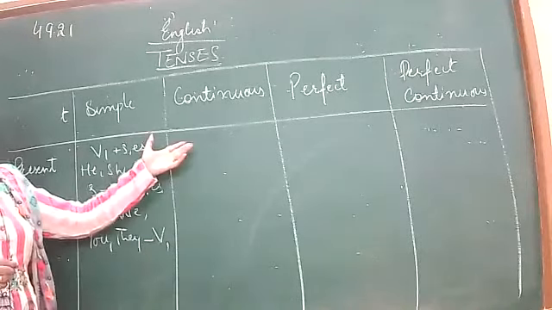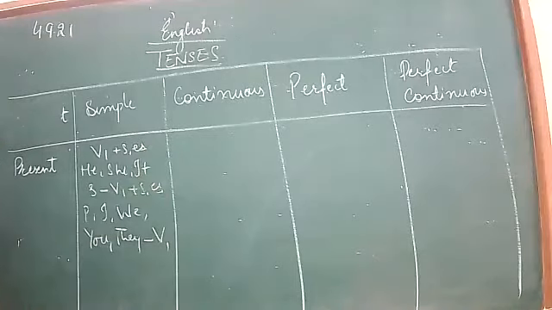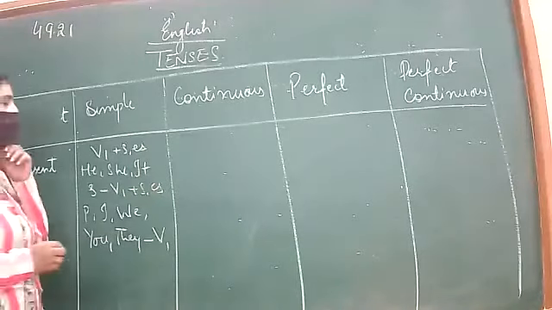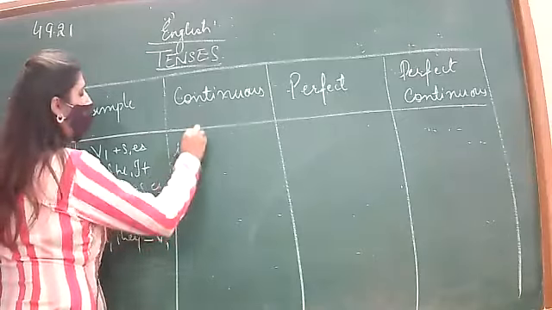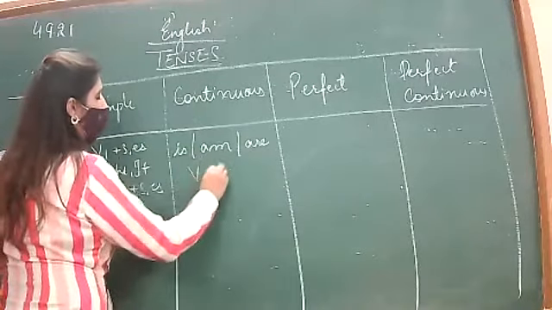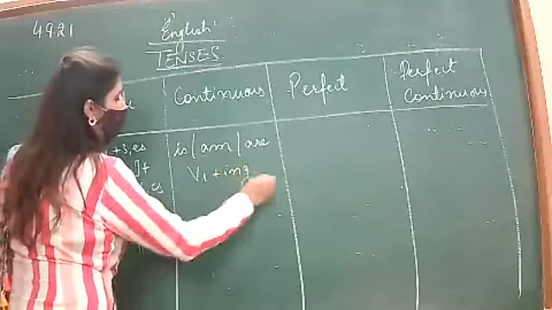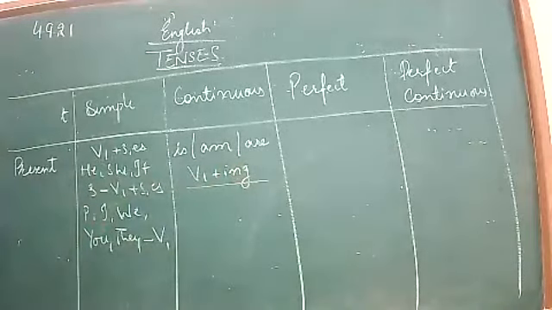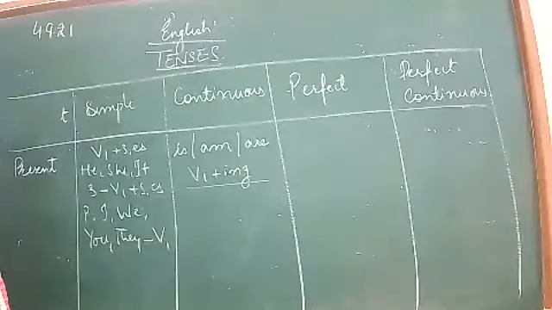Then we use present continuous tense. Here we use is, am, are, and the first form of the verb plus ing. For example, he is writing in the notebook. The students are running in the park. The gardener is watering the plants.